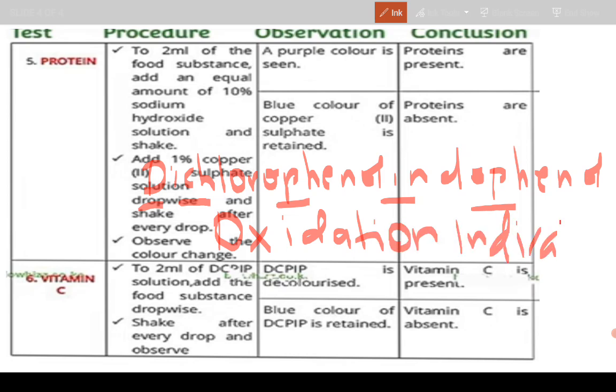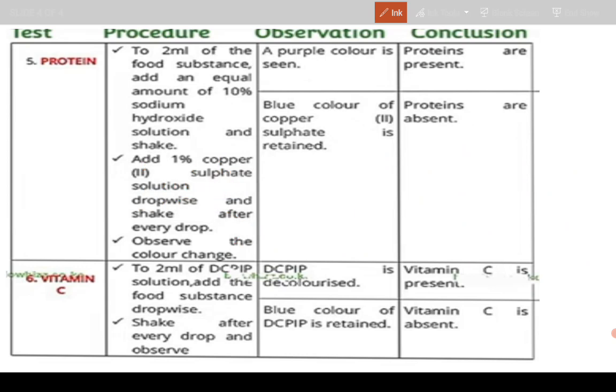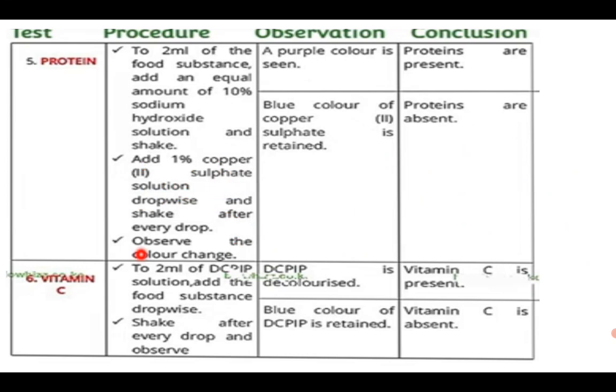Don't worry about this for now. You meet them as time goes. All right. So we are saying that to 2 ml of DCPIP solution, you add the food sample drop by drop, then shake after every drop and observe color change.